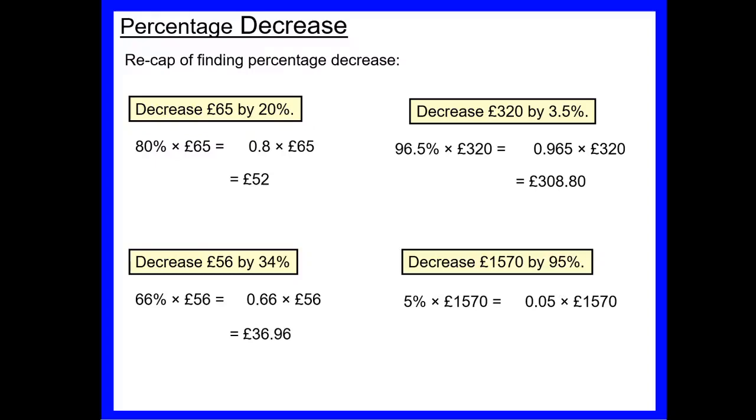Often people forget to move 2 decimal places backwards and we end up with 0.5. Now 0.5 is 50%, so any single digit percentage is going to have an extra 0 in front, so 0.05 times 1,570, and that comes to £78.50. So again, pause the video if you need to, check through your understanding of decreasing percentages.